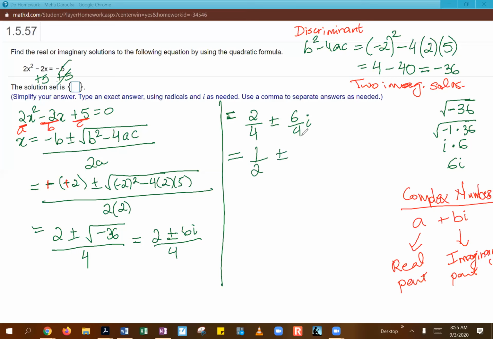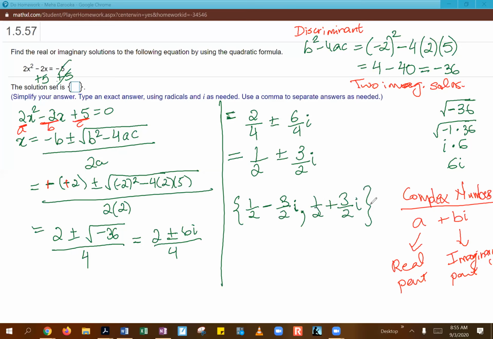Again, 6 and 4 will have a 2 in common, so reduce by 2. We get 3/2 and then i. So that's going to be our answer for this equation. And again, if you wanted to put this in two different answers, you would have 1/2 minus 3/2 i, and then of course 1/2 plus 3/2 i.